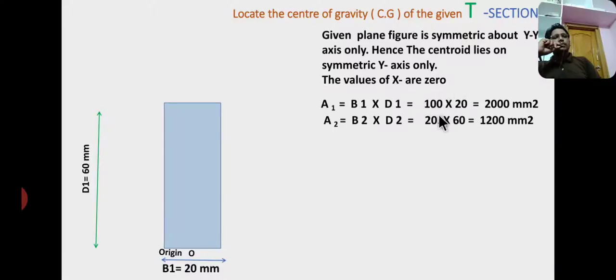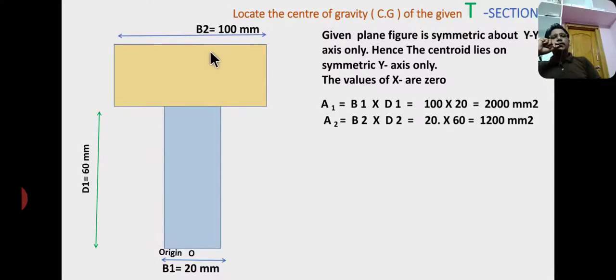Next, area 2 is the area of the top rectangle. Area 2 equals 100 into 20. Sorry, what was written earlier is wrong. Please correct it: A1 equals 20 into 60 and A2 equals 100 into 20.